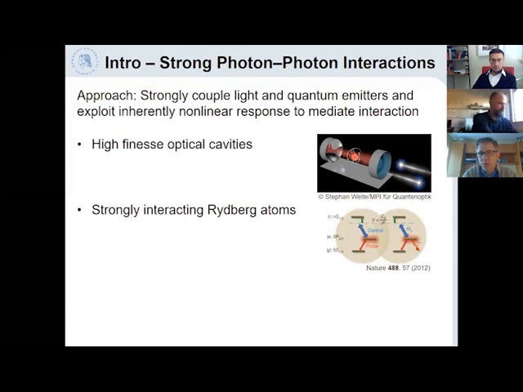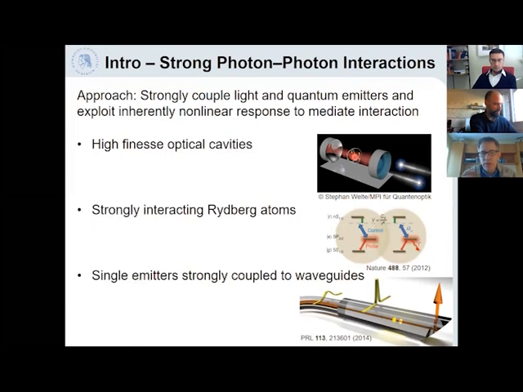Or you can also place such an emitter into a tightly confining waveguide, where the confinement is in the transverse direction, and where the light, so to say, cannot avoid to interact with the emitter, which is placed in the waveguide mode.